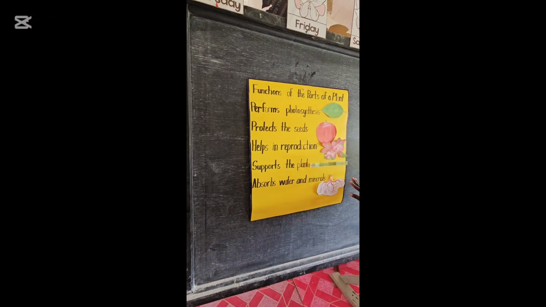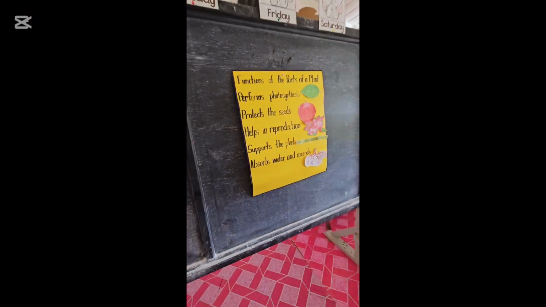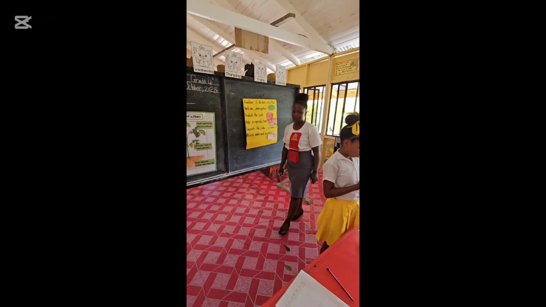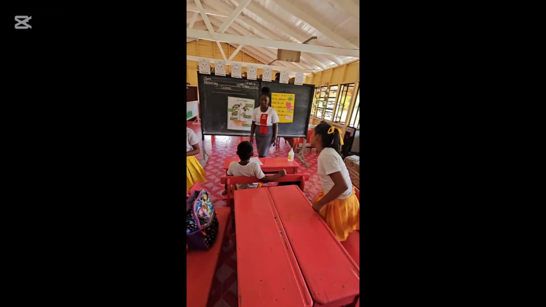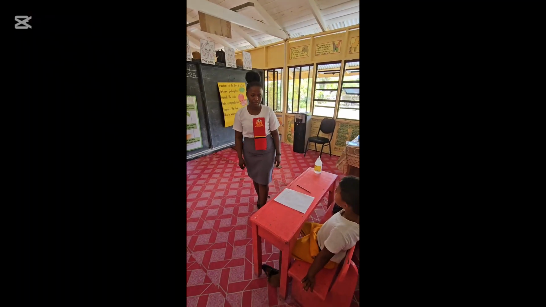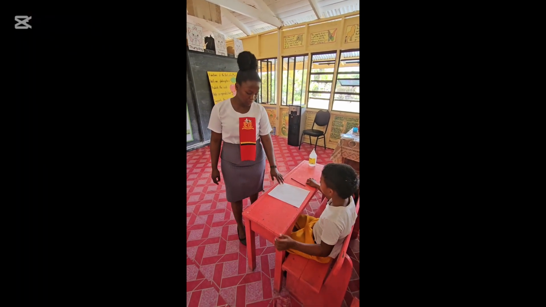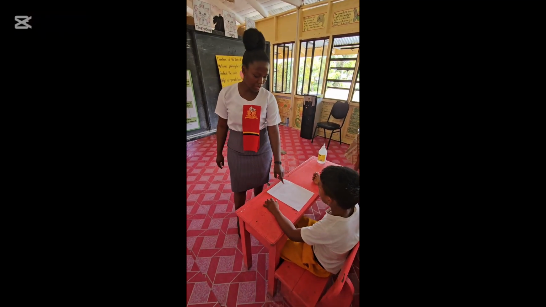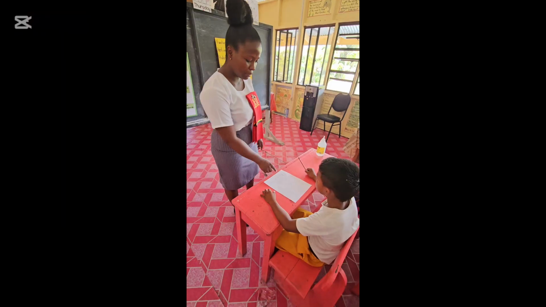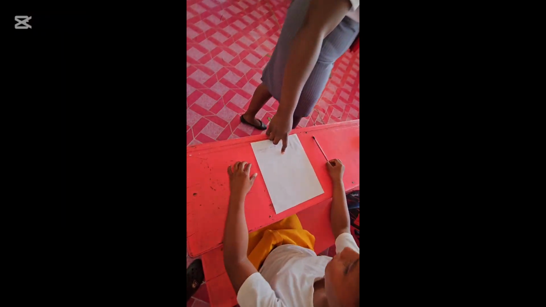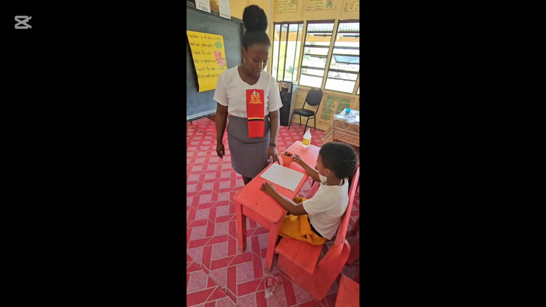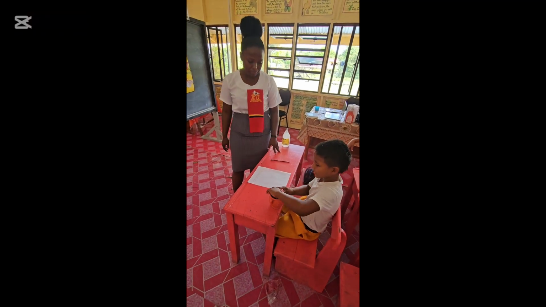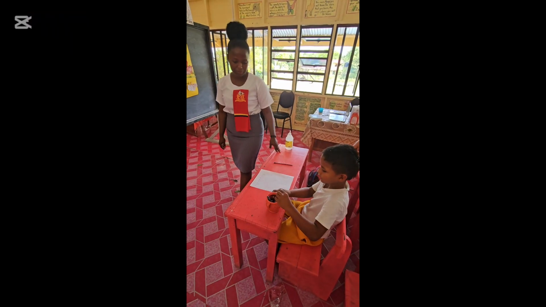I hope it sticks on. So for group 2 now, group 2 will color and label the plants and its parts. You're going to color the plant and you're going to label it correctly. Take your time.